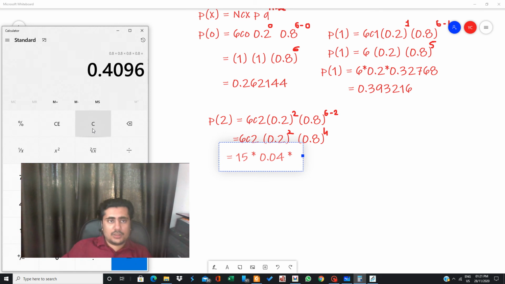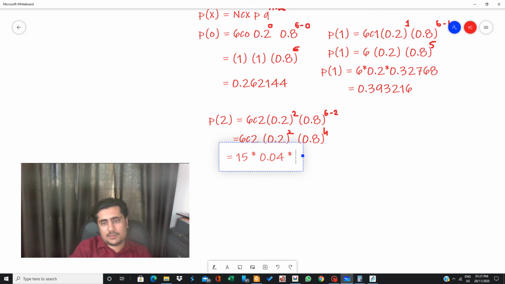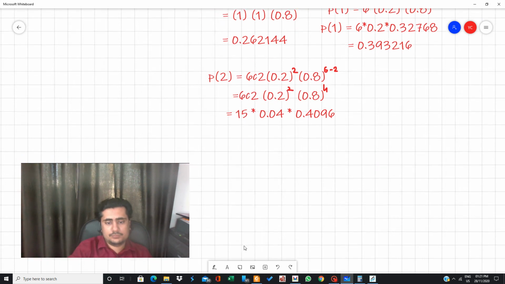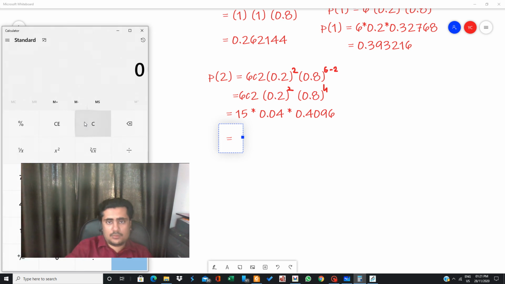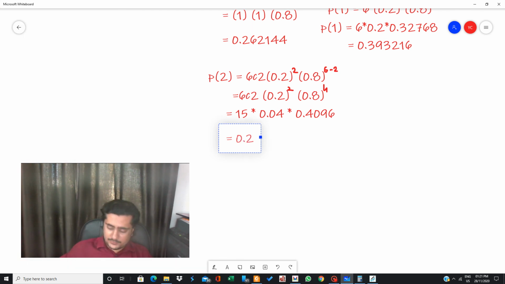That's 0.4096. So this is 15 into 0.04 into 0.4096. So it's 0.24576.